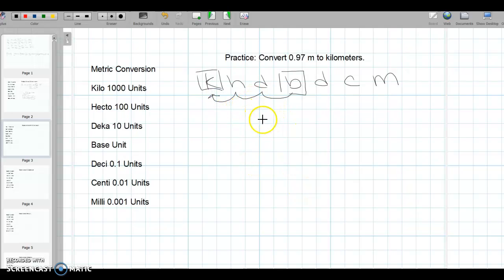Okay, so we have 0.97. Let's just make that decimal a little bit bigger. And we need to move it to the left. All right. So it would give us an answer of 0.00097 kilometers.